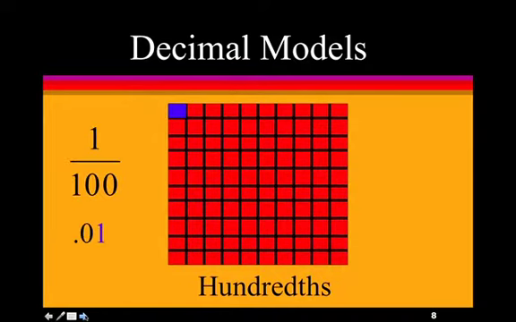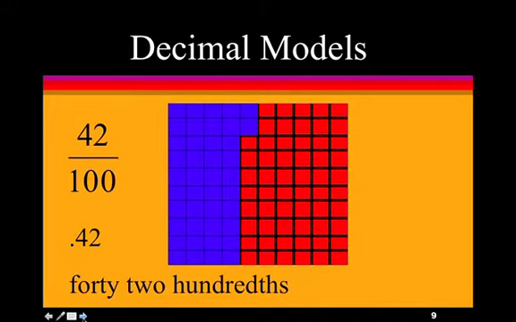If you color one of them, the fraction would be 1/100th, and the decimal number would be 0.01. You can always annex a 0 on the left of the point and you will have 0.01 as your decimal number.